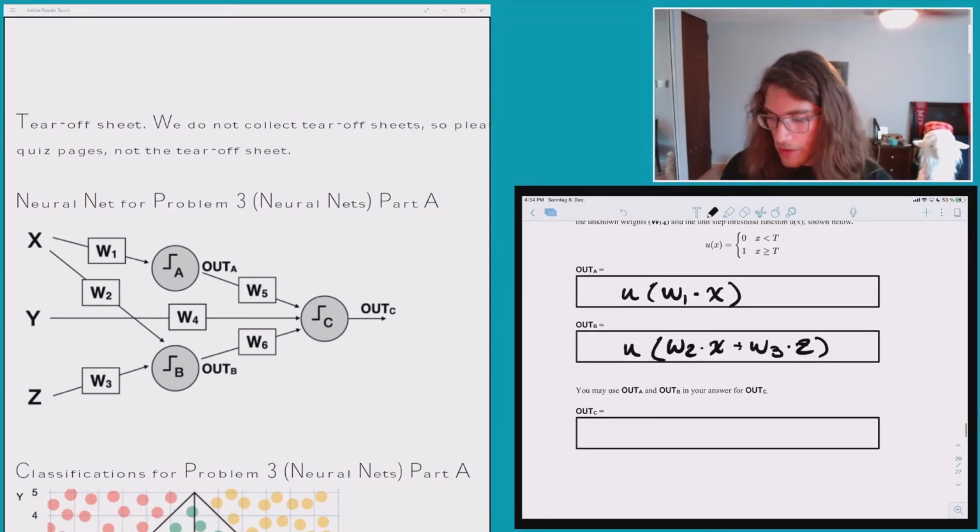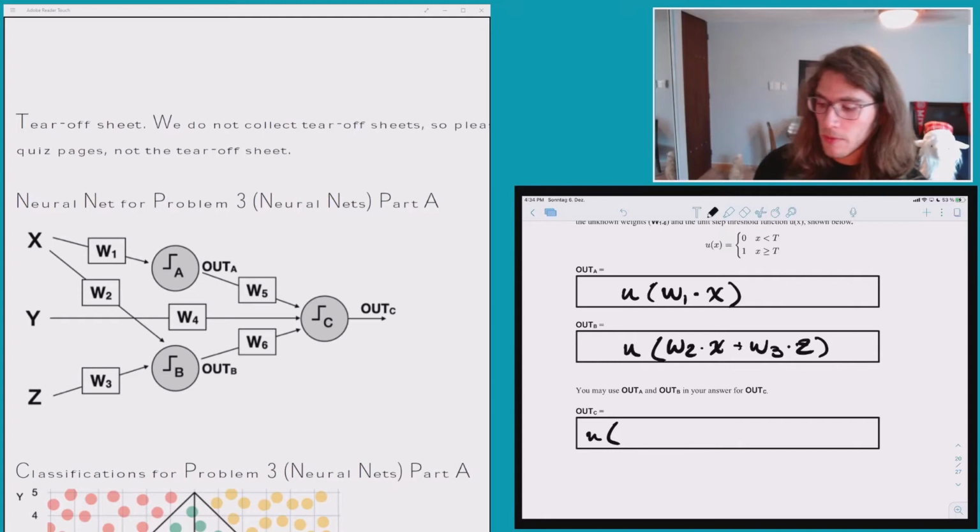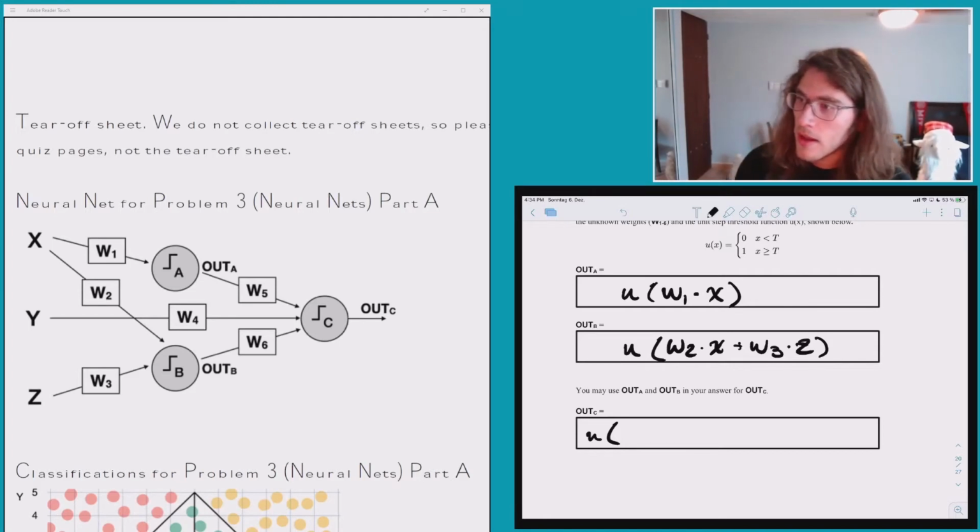And now we're asked to calculate the final output of the network, and I'm going to use, as the instructions permit, out A and out B, just so that I don't have a mess of terms. So out C is equal to, again, the threshold function. We're assuming they have the same threshold function.